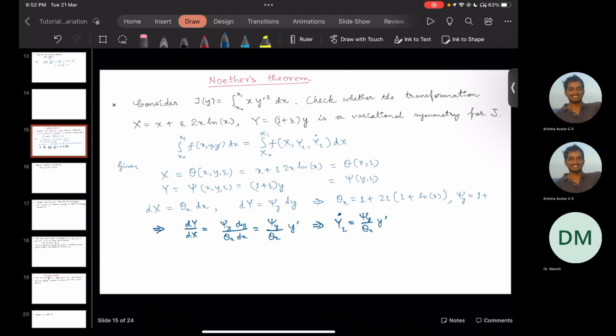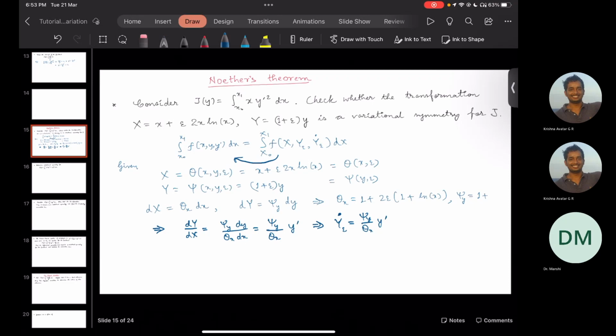This can be done locally for a small epsilon, but for larger epsilon we cannot, in the sense that we are unable to obtain a true inverse, so to speak, of small x in terms of capital X. So when we'll be finding the variational symmetry, we will be going the other way. We'll start with capital X and go backwards, just because it's tough to express small x in terms of capital X, right?